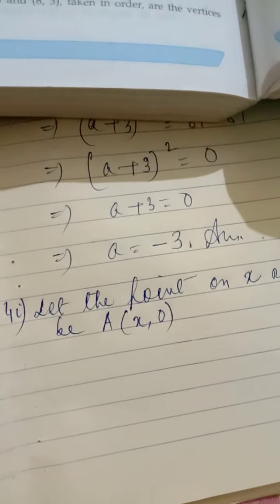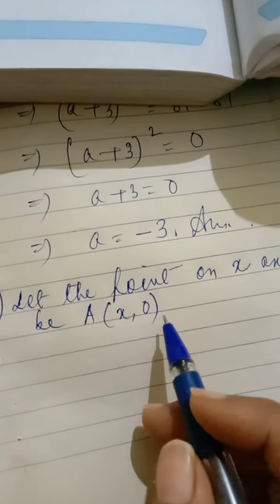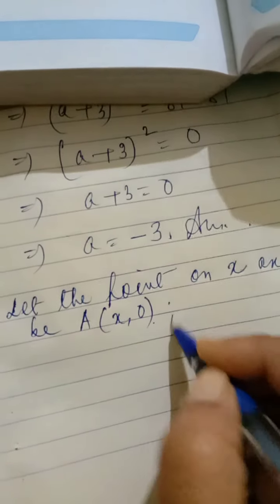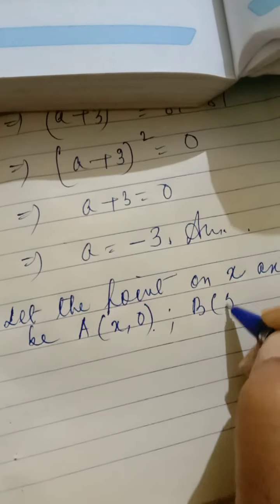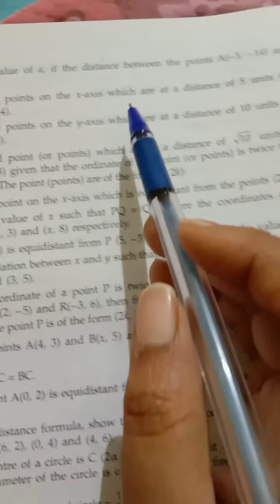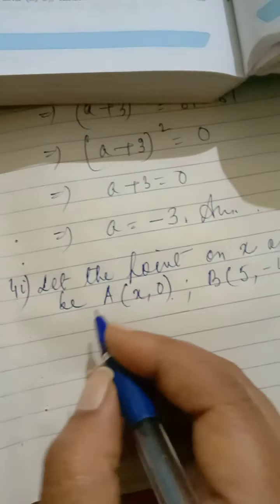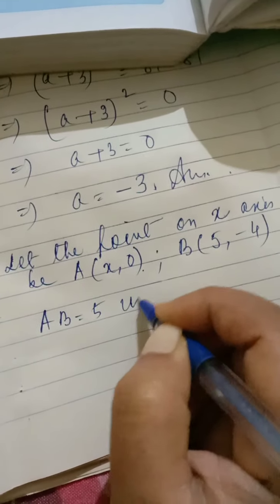Since the point is lying on the x-axis, its ordinate is 0, so it's written A(x, 0). And the other point which is given, let us name it B, is (5, minus 4). They are at a distance of 5 units, so the distance between them is given, AB equals 5 units.